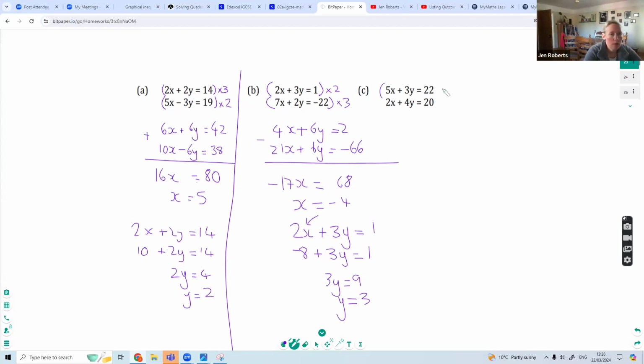Okay, this one. Times the top by 4, times the bottom by 3. You're going to subtract, signs are the same, we're going to subtract them.